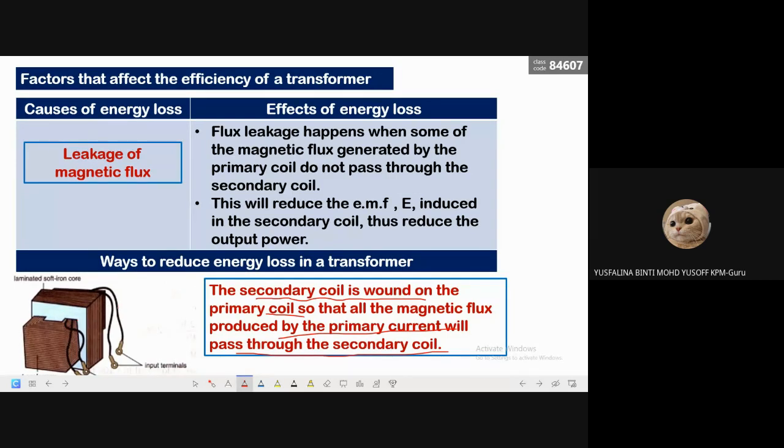Okay, teacher, in the diagram we draw like this, right? One left, one right. But that is actually a symbol. Actually you need to wind the secondary coil on the primary coil. So this is the diagram.